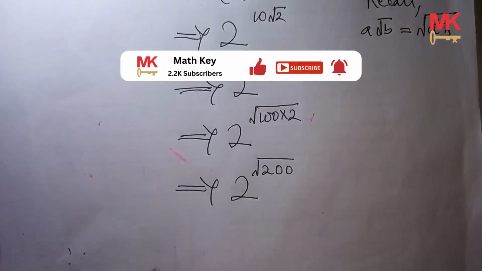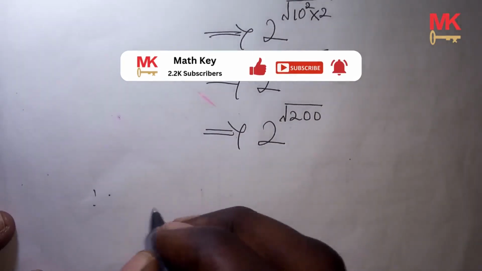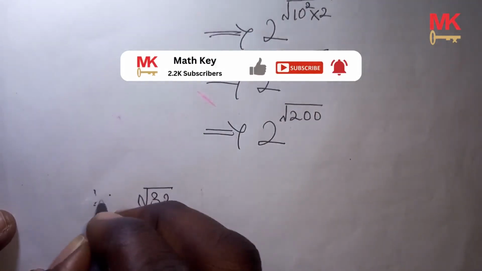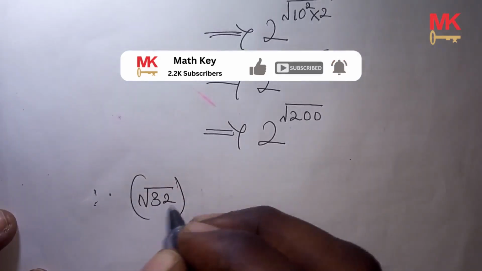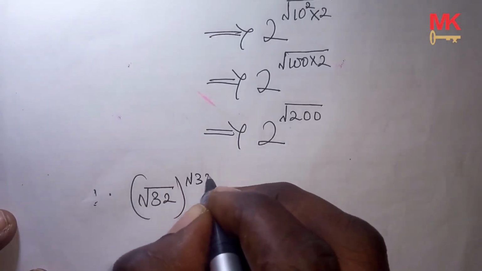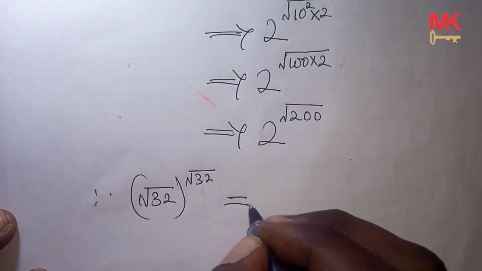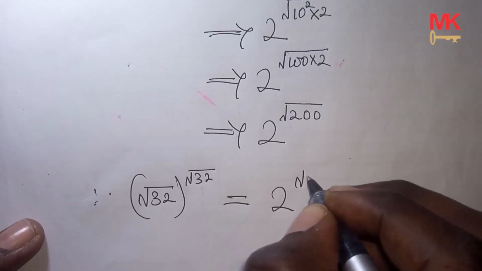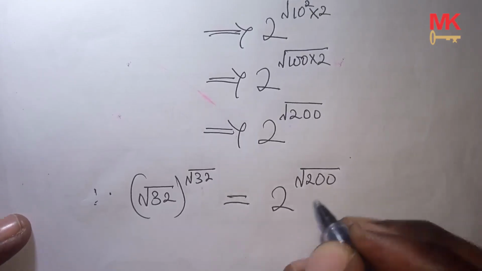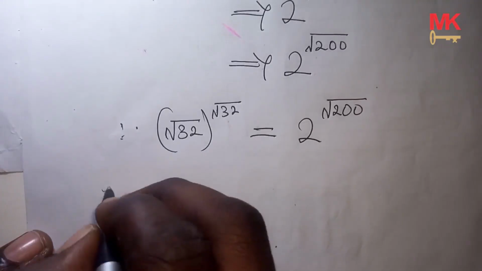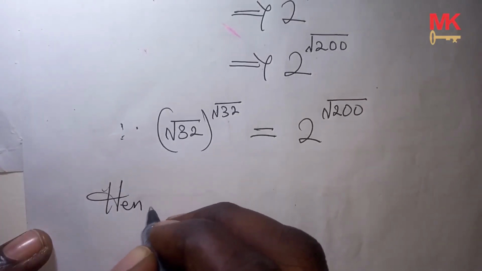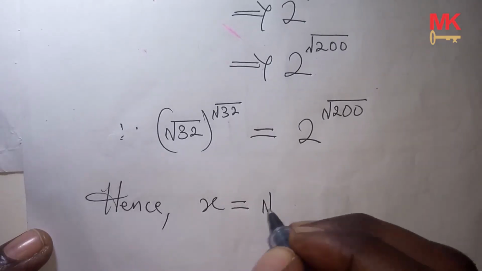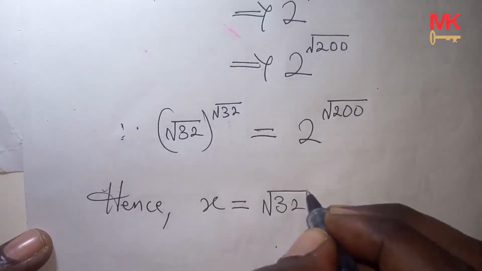Hence, therefore, root 32 raised to power root 32 is equal to 2 raised to power root 200, which implies that hence x is truly root 32.